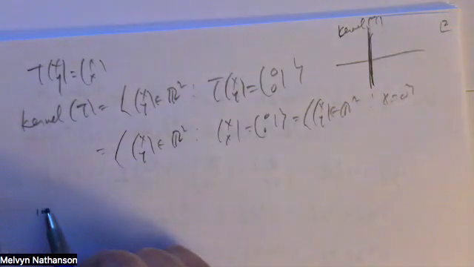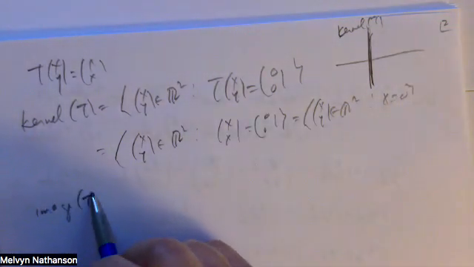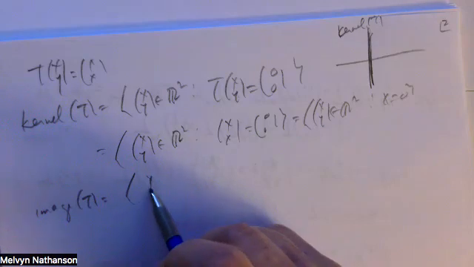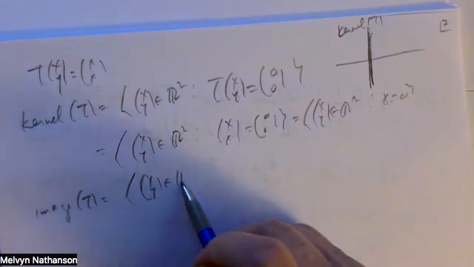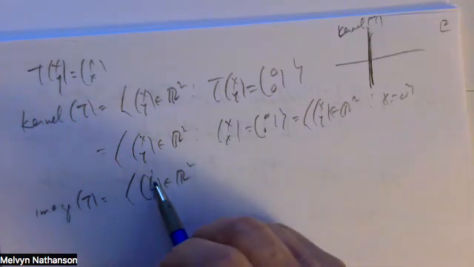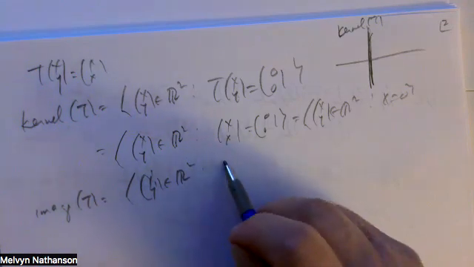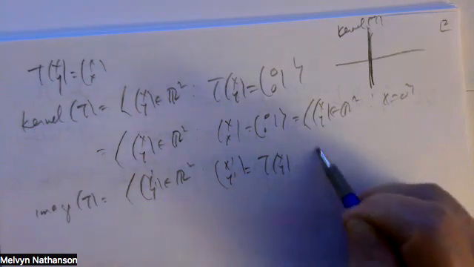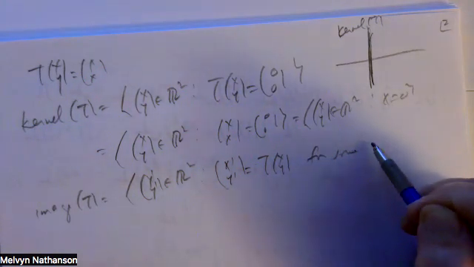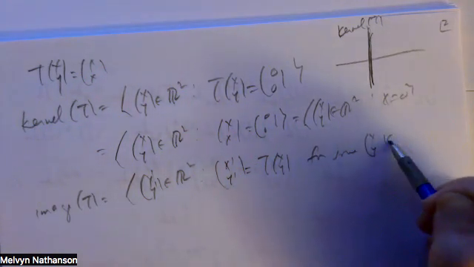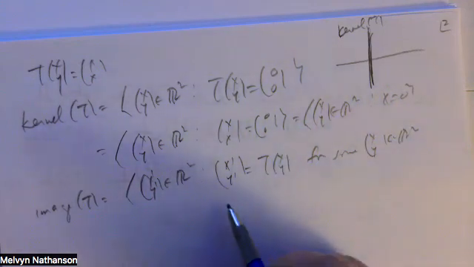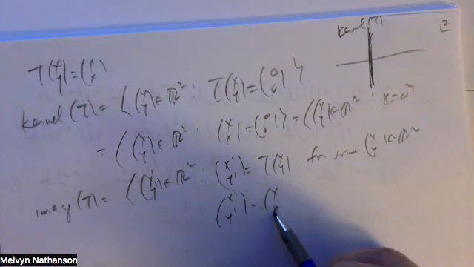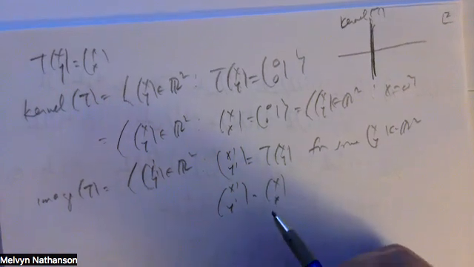And the image of T, this is all vectors (x', y') in R2 such that (x', y') equals T of (x, y) for some (x, y) in R2. This is the same as saying (x', y') equals (x, x), because T of (x, y) is (x, x).